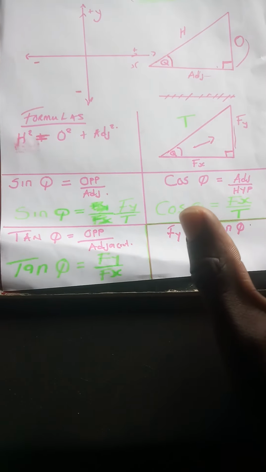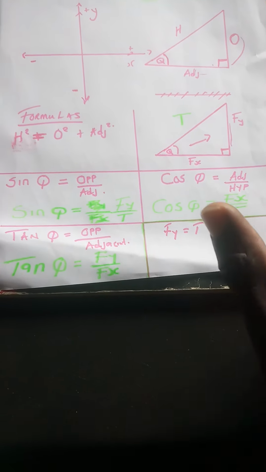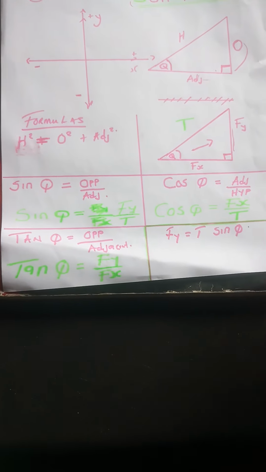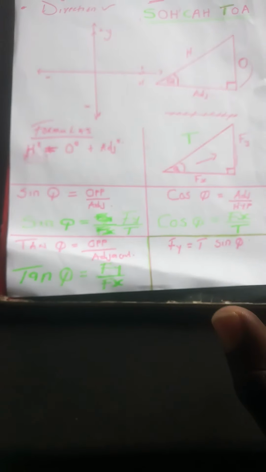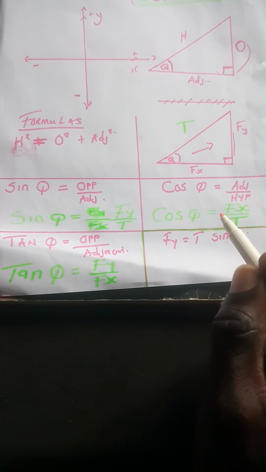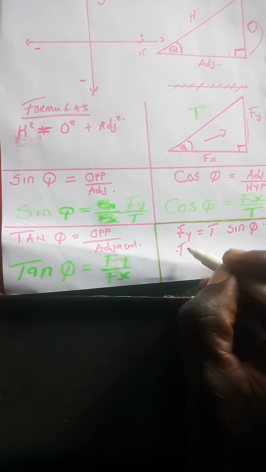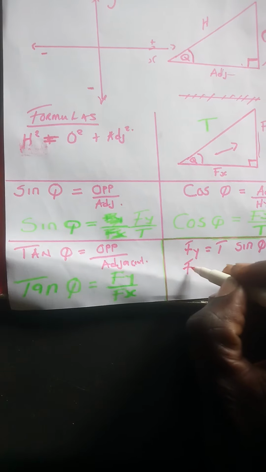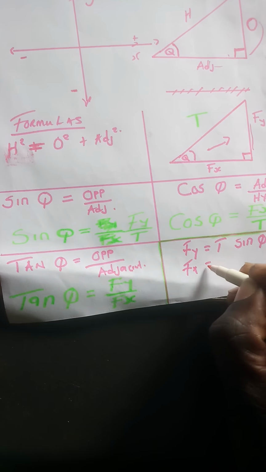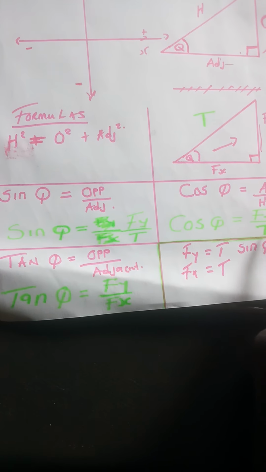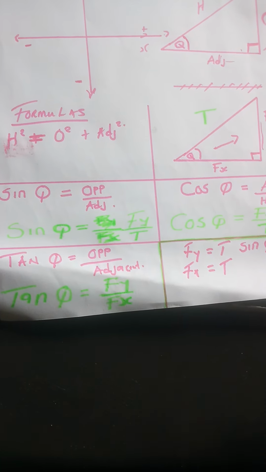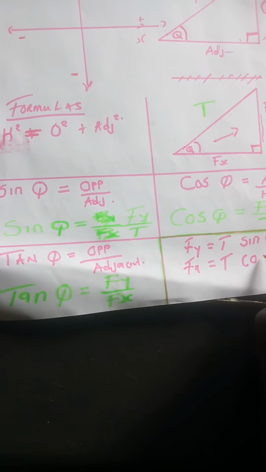And to find the x component, since the tension force here will be found by the Pythagoras theorem formula, the square root of the sum of both the y component and the x component squared, for us to find the x component, we'll say Fx will be equal to T, which is this tension force here, times cos theta.